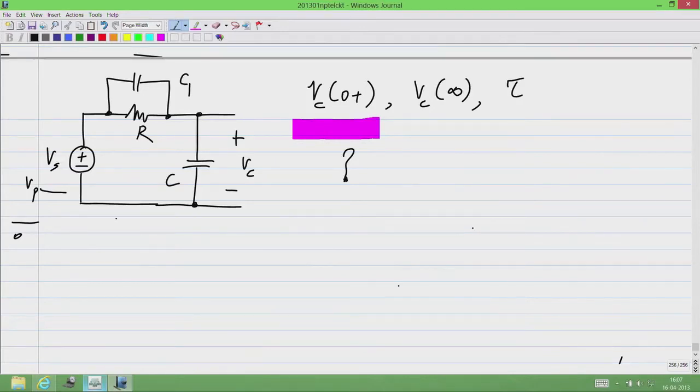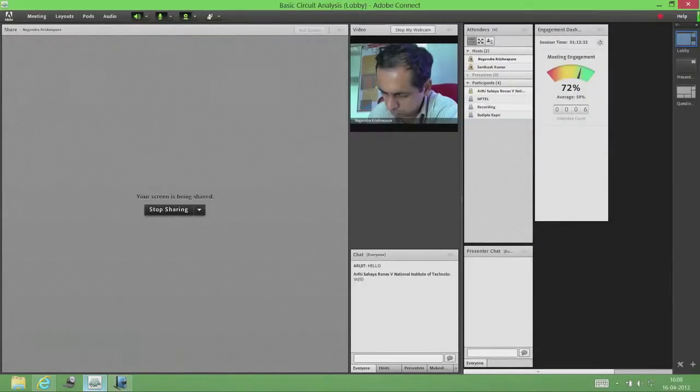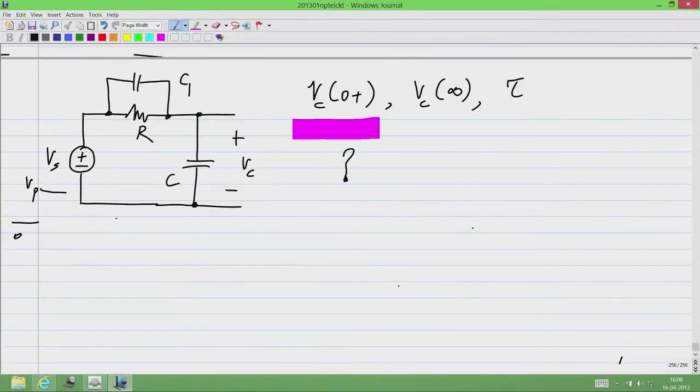What do you think is the value? There is an answer that says it is Vc of 0, the initial condition on the capacitor. Now, let us say the initial condition on the capacitor is 0 volts.